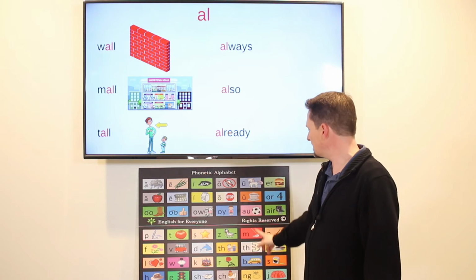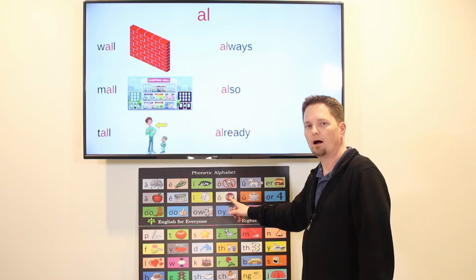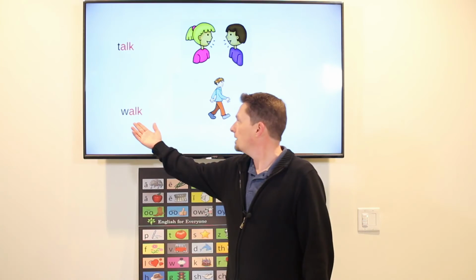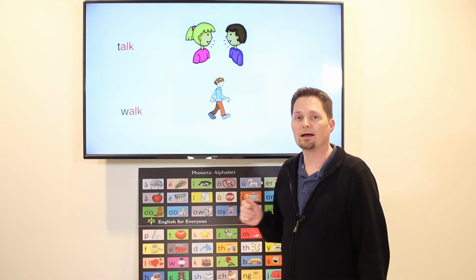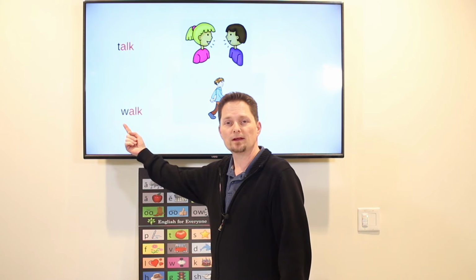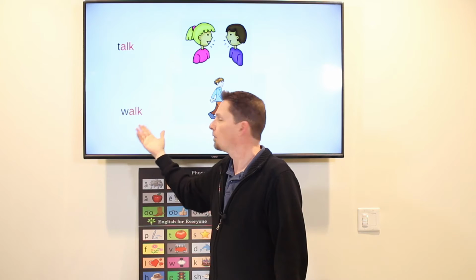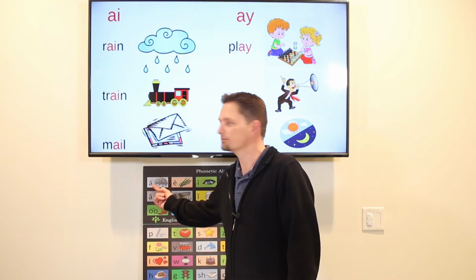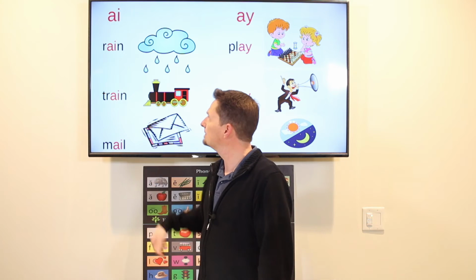So remember, you're using the sound here, aw, not the sound o, not the sound ah, but back here, aw, already. AL makes the sound aw, even when the L is silent. So the L is there to tell you to pronounce the A with the aw sound, but don't pronounce the L. Talk, walk.